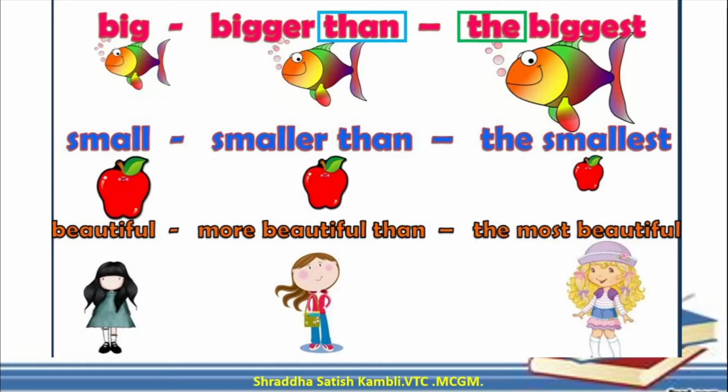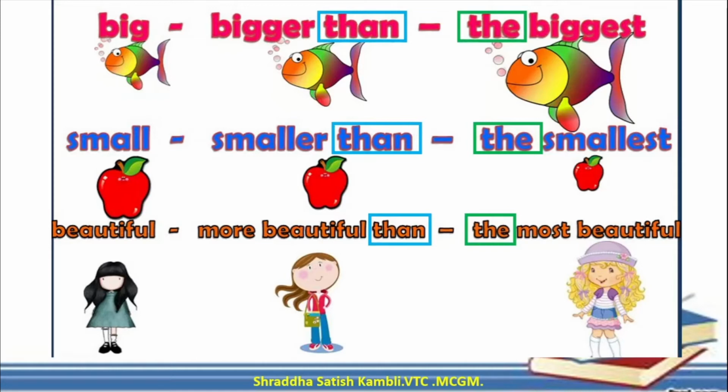Instead of writing the third fish is biggest, you will write the third fish is the biggest. Okay, then you have small, smaller than, the smallest. And finally you have one more example, beautiful, more beautiful than, the most beautiful. Okay, so these are some examples.